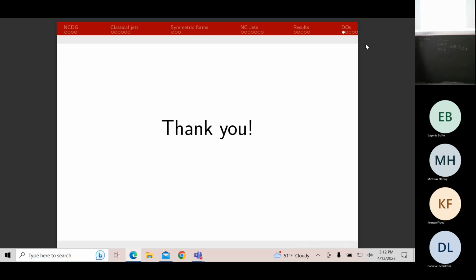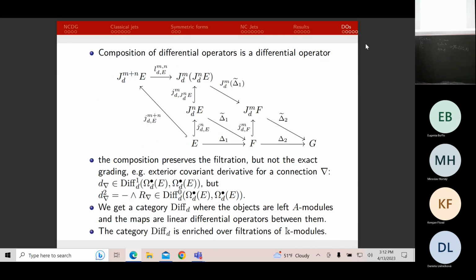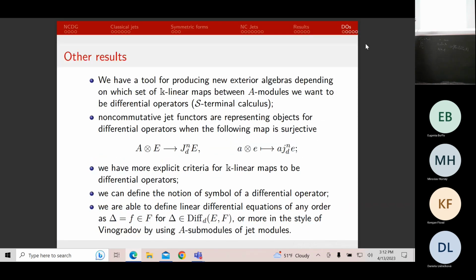So if you have a set of k-linear maps between A-modules that you want to be differential operators, then you can use the construction I was mentioning here, and that will produce a new calculus in general. But I just mean for jets over my algebra, without the calculus. No, these are given calculus.